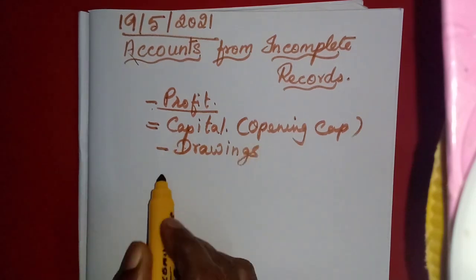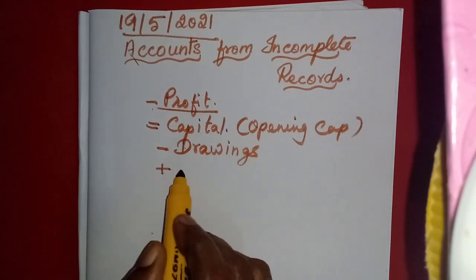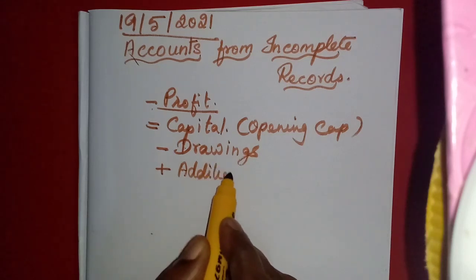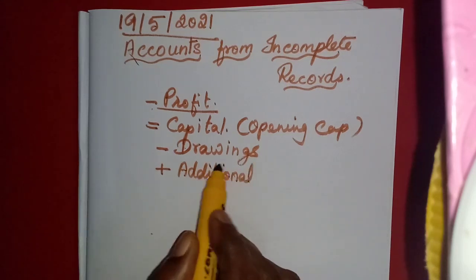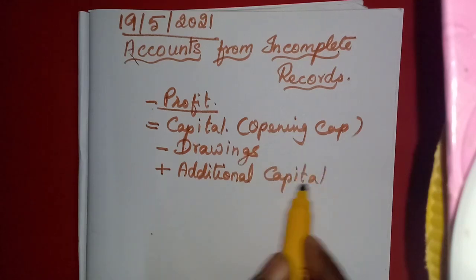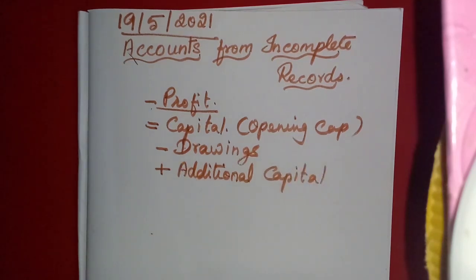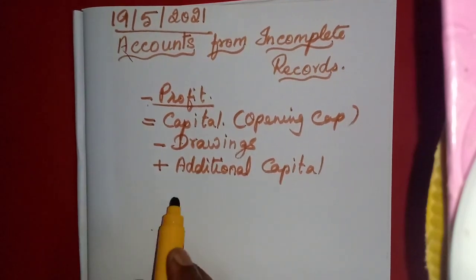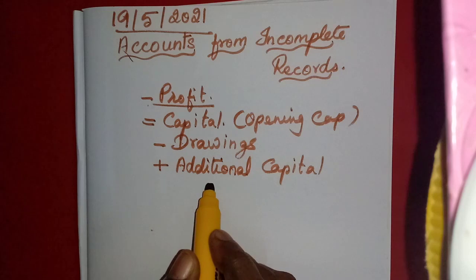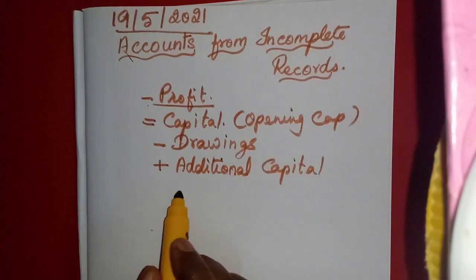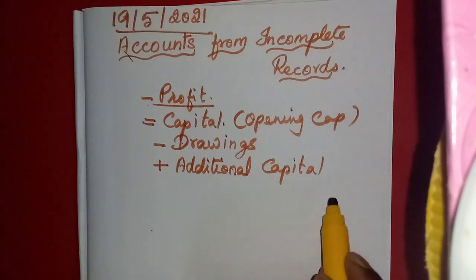So drawings. And sometimes he will add some more capital, that is called additional capital. That will increase the opening capital. Okay. Then at last they will have an amount that is the closing capital, isn't it?